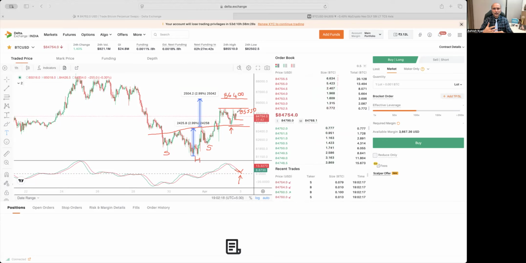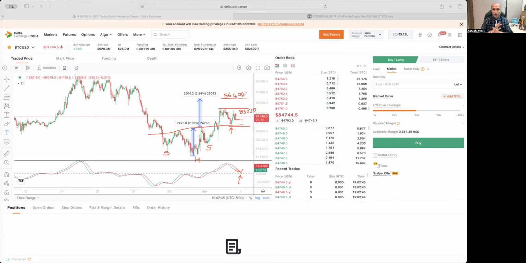You can use an option strategy where risk reward can fit better. So my strategy is going to be buying above these 85,550 levels, putting a stop loss at the recent low once I see a reversal happening from there, and then at 86,400 book partial profit, and after that trail to keep riding the trend. That's how you have to look at it.